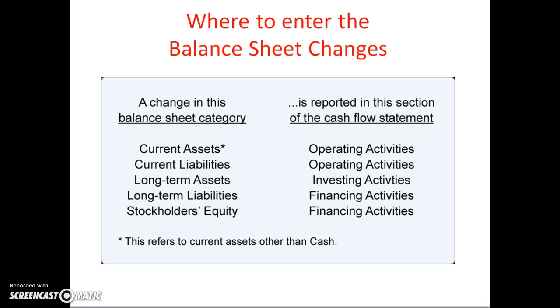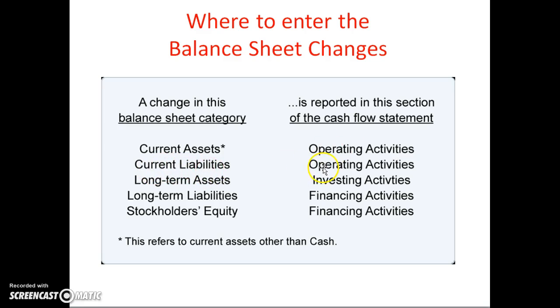So where do we enter the balance sheet changes? If there is a change in the balance sheet category of current assets, those changes will be reported on the cash flow statement in the operating activities area. Same thing for the current liabilities.